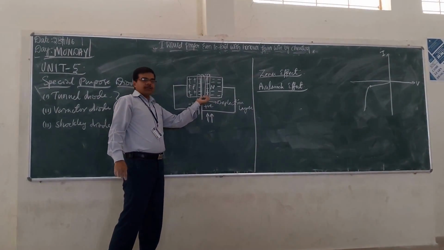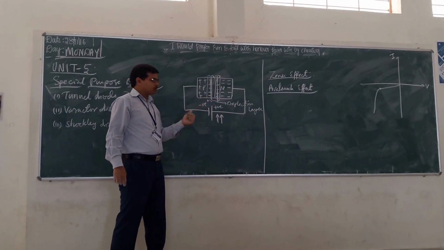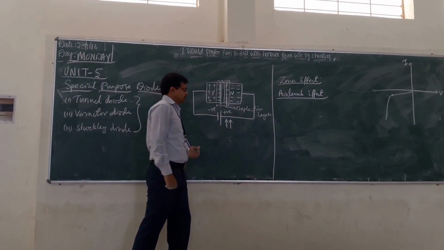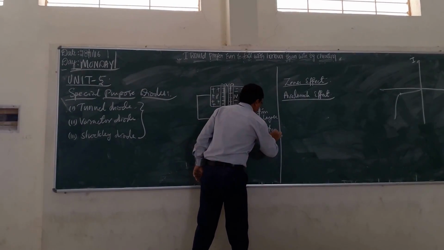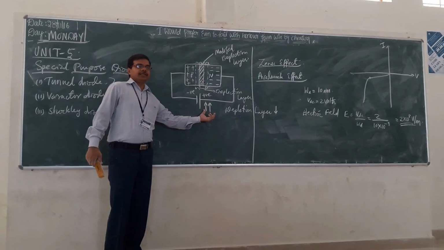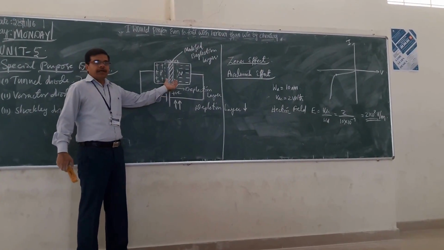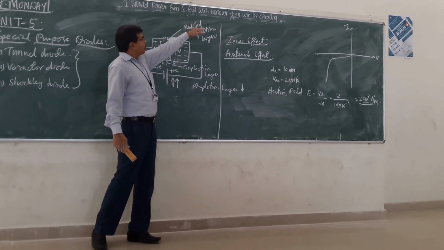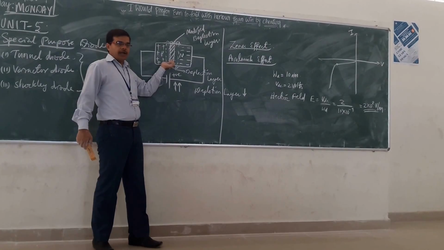The width of the depletion layer gets reduced because of this increase in external voltage. Let us assume this is the modified depletion layer.